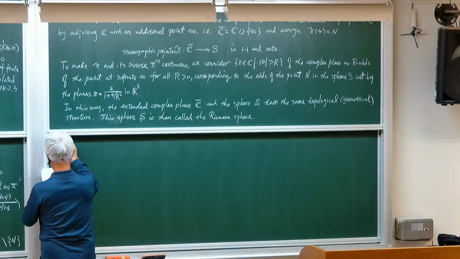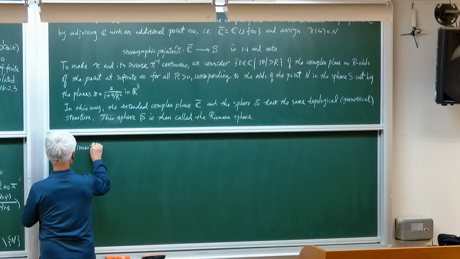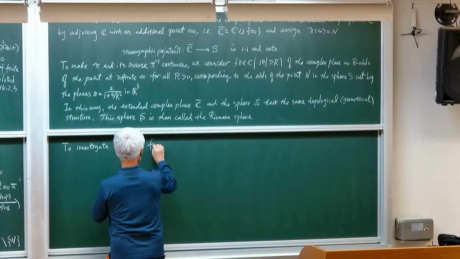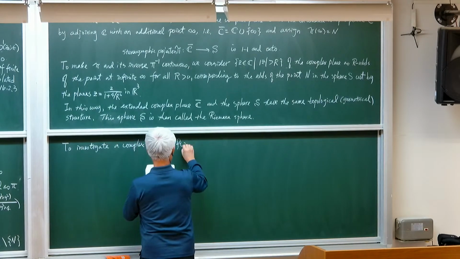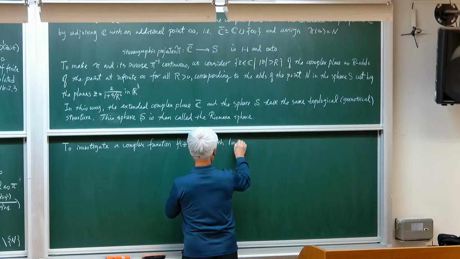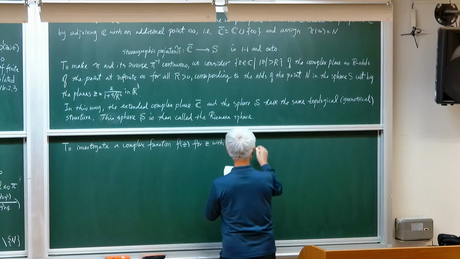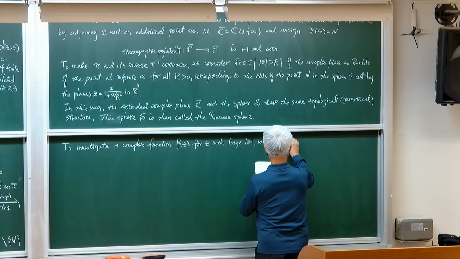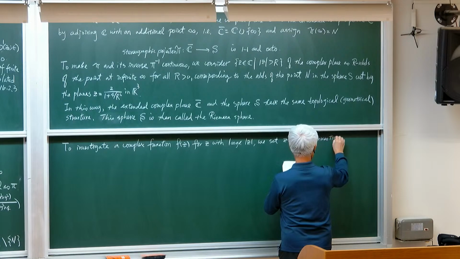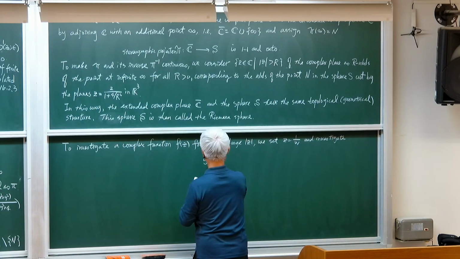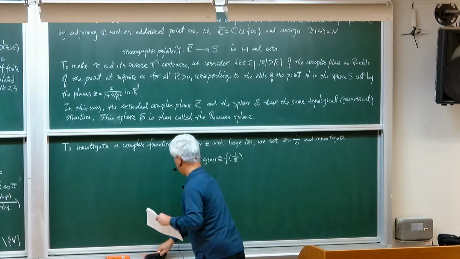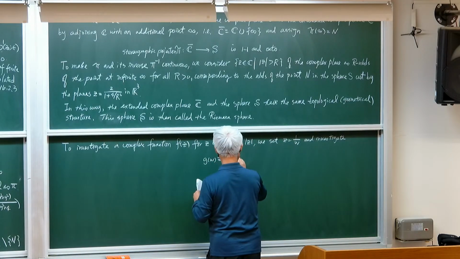So with this point of view, to investigate a complex function f of z for z with large magnitude, we can set z to be 1 over w and investigate g of w, defined here.